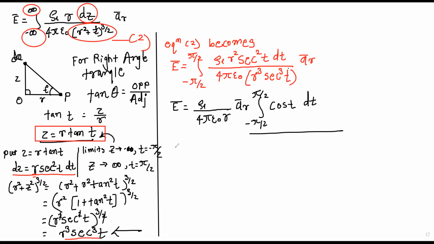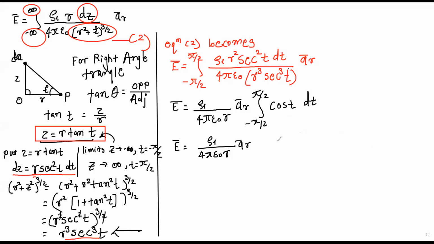सो हाऊ यू विल सॉल्व, E bar is equal to this term as it is, that is rho L divided by 4 pi epsilon naught r, A bar r here. So here what I can write, if I take the integration of cos, it would be, what is the integration of cos?